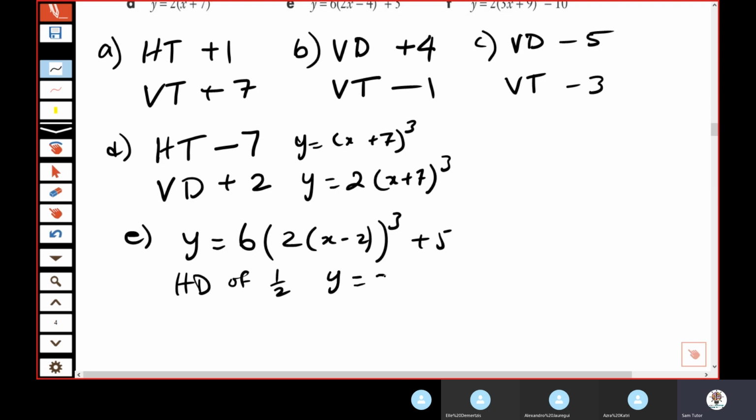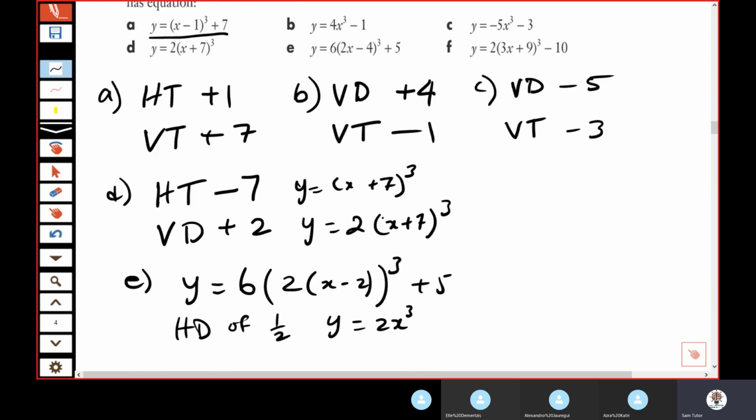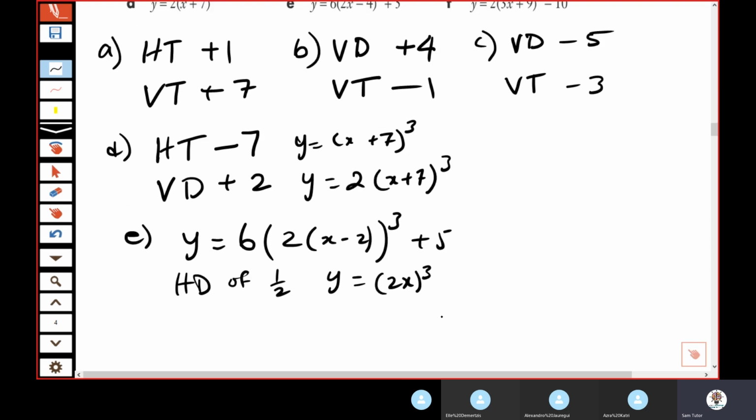So that would look like this. Y equals 2x cubed. No. Ugh, it's so tempting to write that. Y equals 2x all cubed. True? Horizontal dilation attached to the x. Okay. All right.